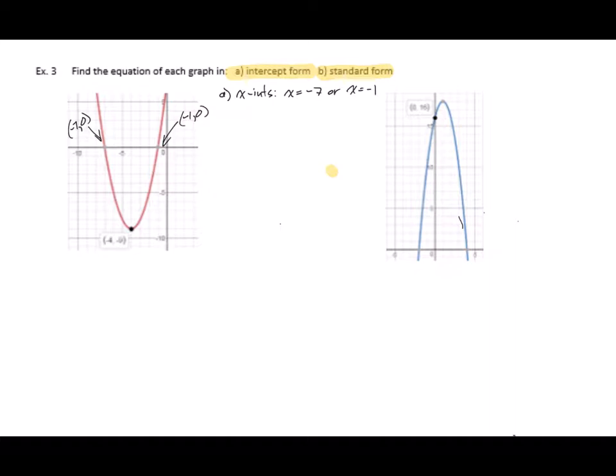Now, based on that, we can say that our equation is y is equal to a, because we don't know what our stretch is, and then we write (x ... Oh, wait a second. Instead of having x is equal to -7, remember, we're still using that opposite rule to create this.